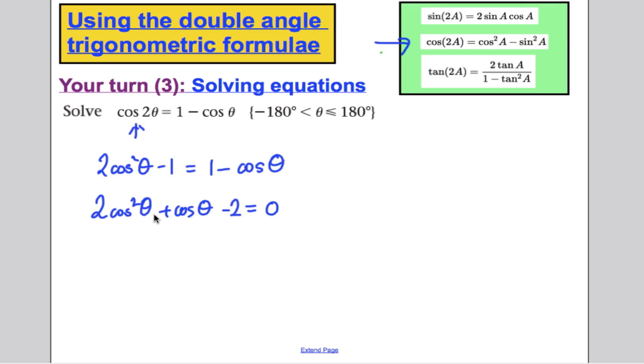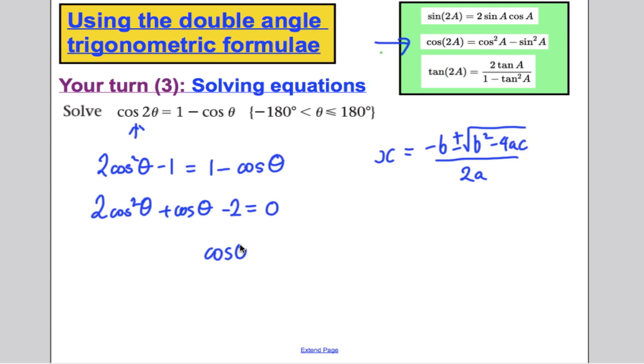A quadratic in terms of cos theta here, you can attempt for a few minutes to factorize. You find out you're not able to, so you use the quadratic formula. The solution x is equal to negative b plus or minus the square root of b squared minus 4ac, all divided by 2a. Okay, so we're going to use that for what cos theta is.